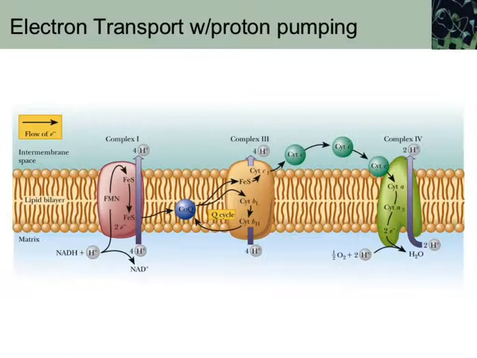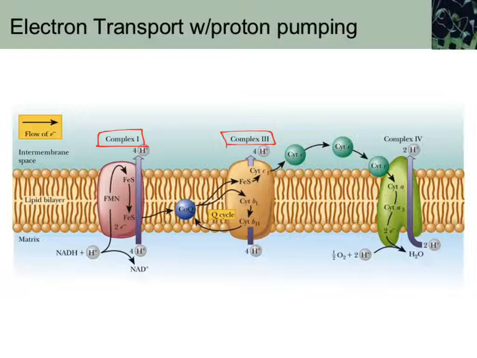So, in our electron transport, we have a bunch of different complexes. Our super creativity in our names: complex 1 followed by complex 3. That's interesting. Where's 2? Complex 2 is actually involved in the Krebs cycle.